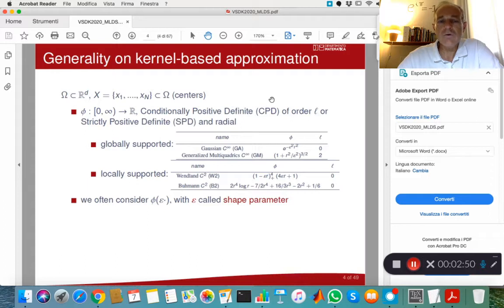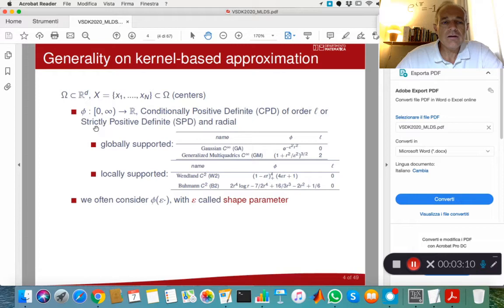So there is no constraint in the choice of these centers, except for some stability issues that we discuss later.